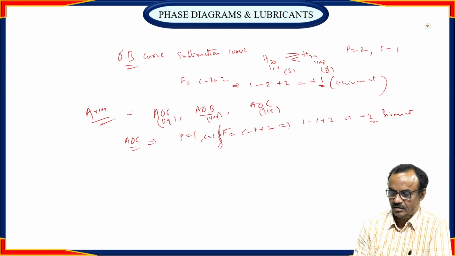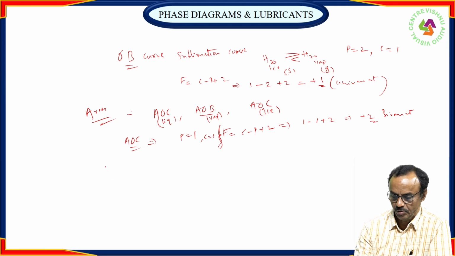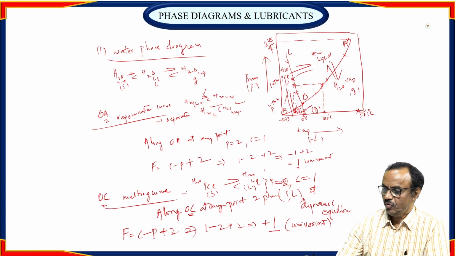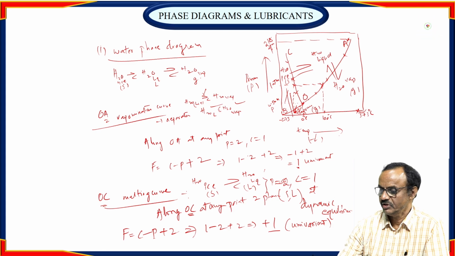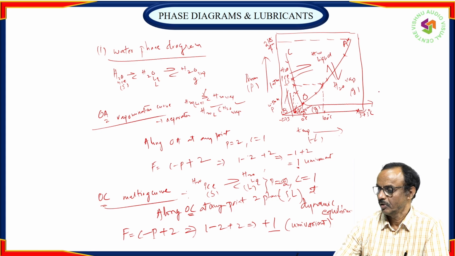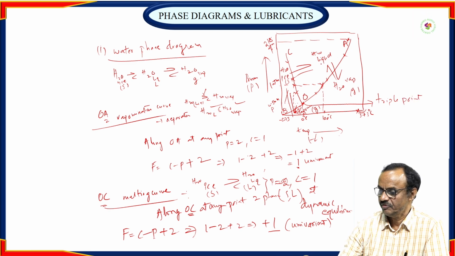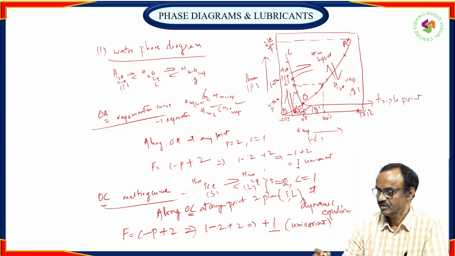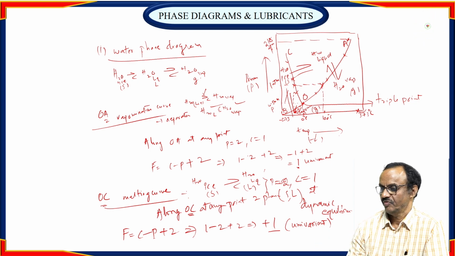Next, the triple point. It's a very important point, the triple point. AO, OC, BO meet each other. This point is called the triple point. At the triple point, possible phases are liquid phase, ice phase, vapor phase.